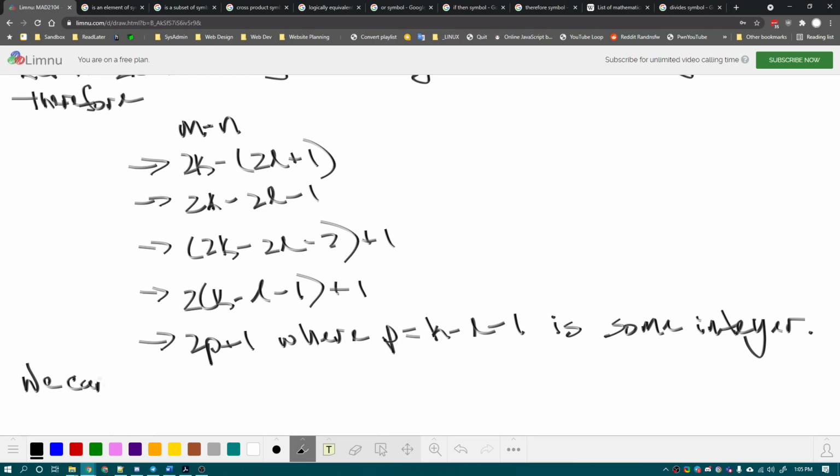We can conclude that m minus n is an odd integer.